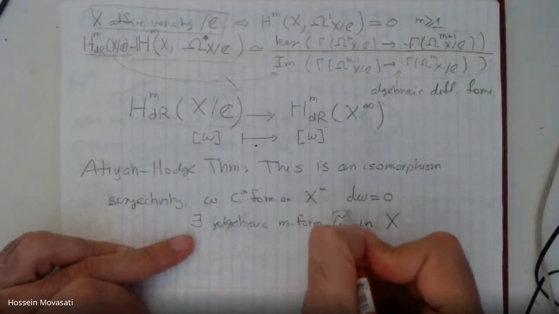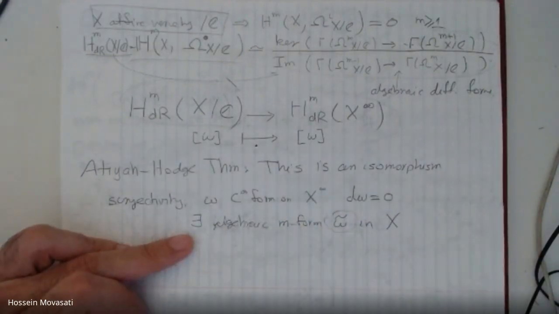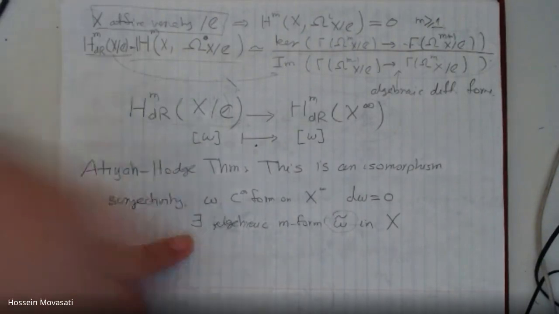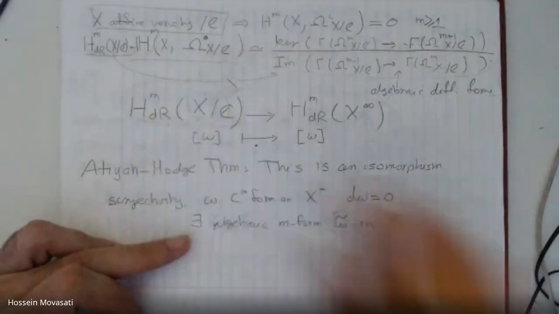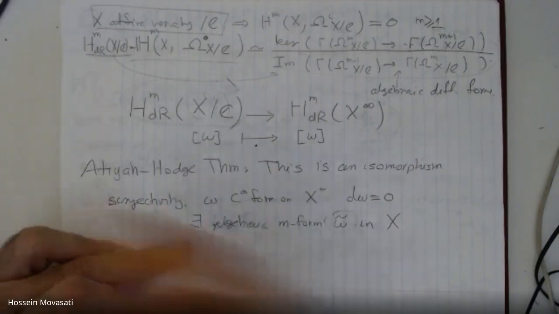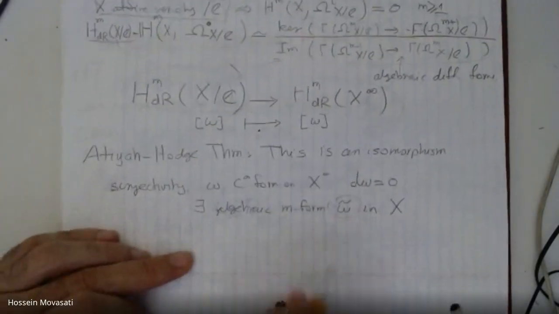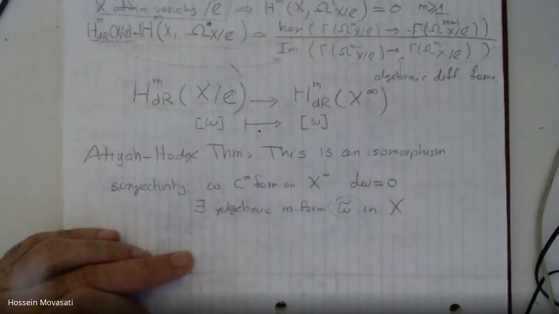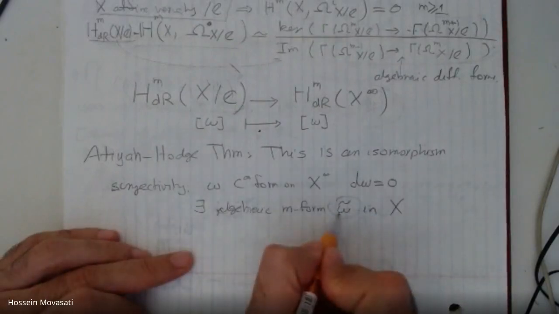This omega tilde is constructed just from the ring of regular functions on X, and regular functions on X are constructed from polynomials. So there is this omega tilde such that omega tilde here goes to omega here.